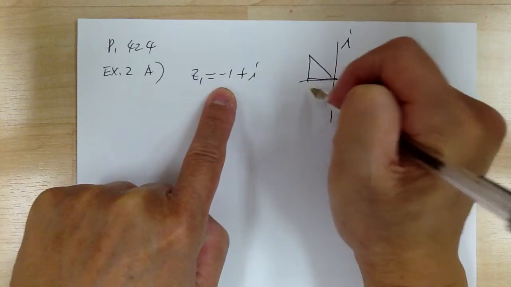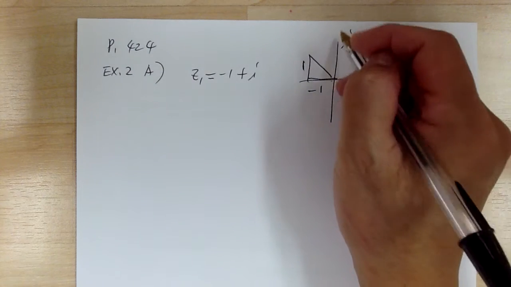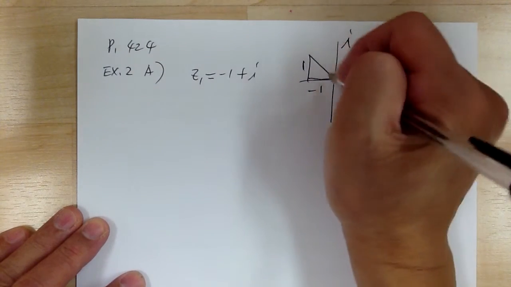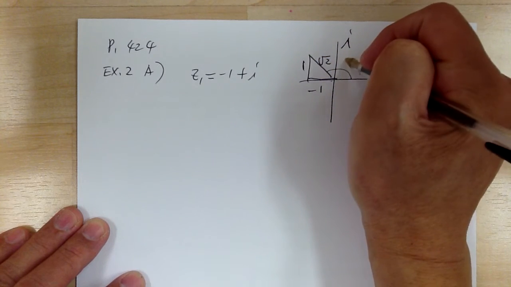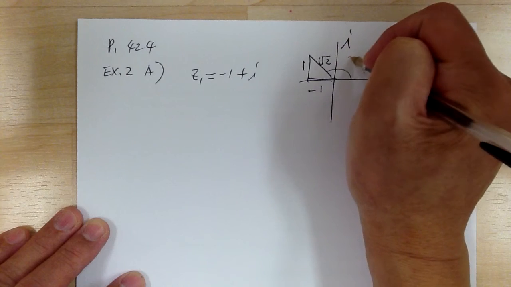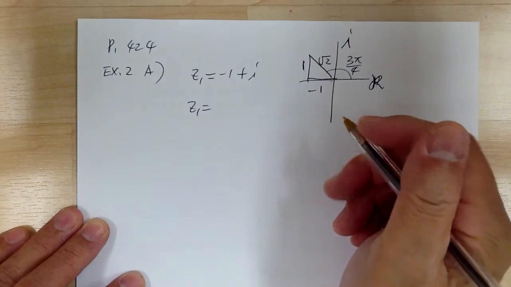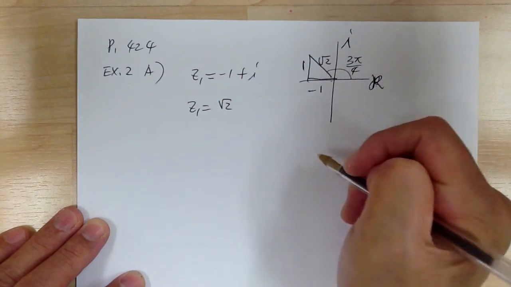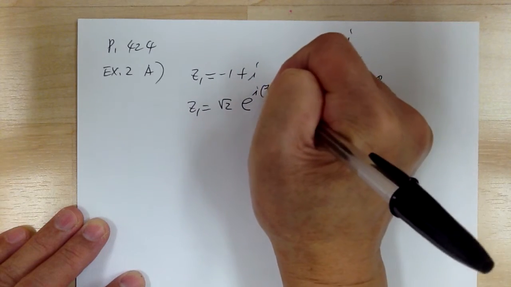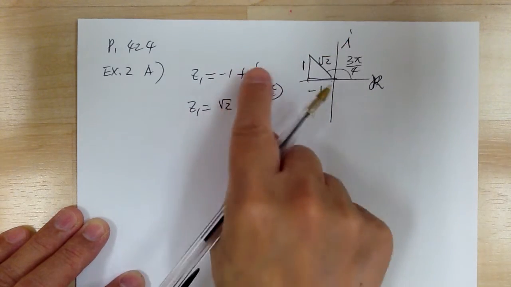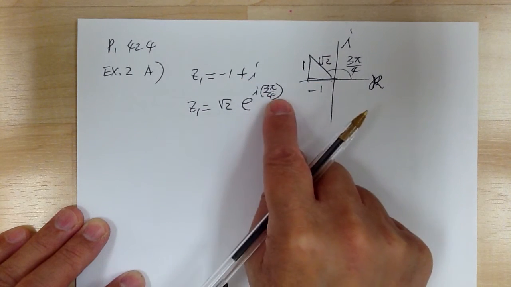So negative 1 and one i means go one in the y direction. From here you can figure out your radius using the Pythagorean theorem. It'd be square root of 2, and theta would be 3 pi over 4. So z1 in polar form would have radius square root of 2 and angle 3 pi over 4, so it would be square root of 2 e to the i 3 pi over 4. That's the rectangular form, and this is the polar form: here's your radius, here's your angle.